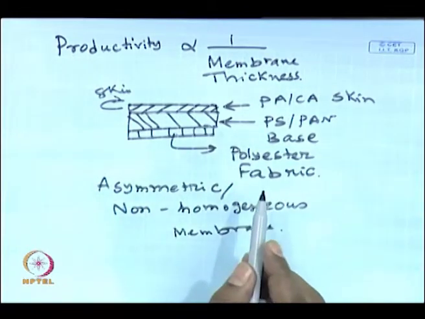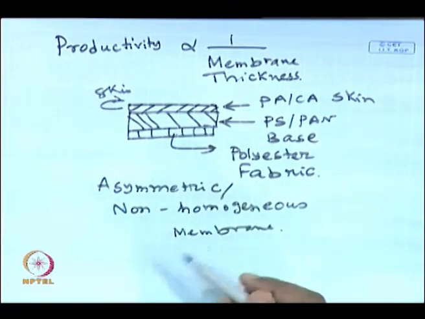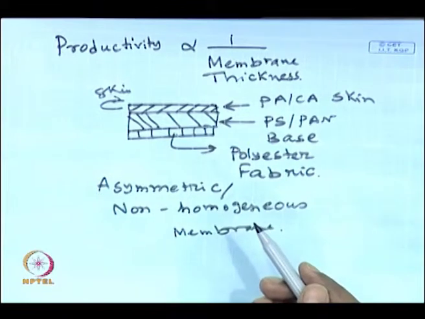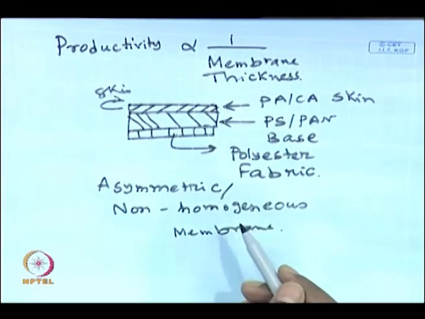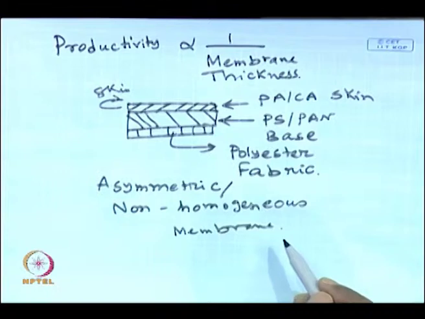Therefore, in order to increase the productivity of the process, asymmetric membranes are quite important, and these asymmetric membranes were invented during the 1970s. With the invention of asymmetric membranes, membrane based processes became more feasible as far as industrial or practical use is concerned.